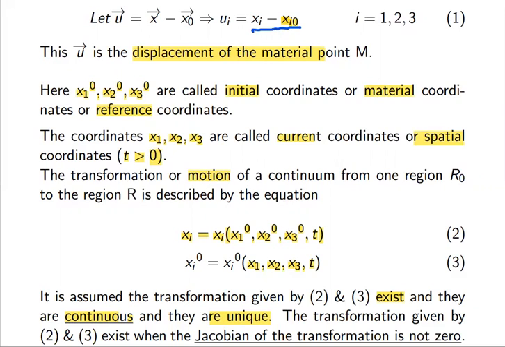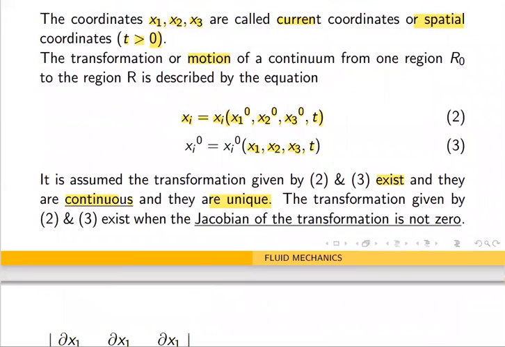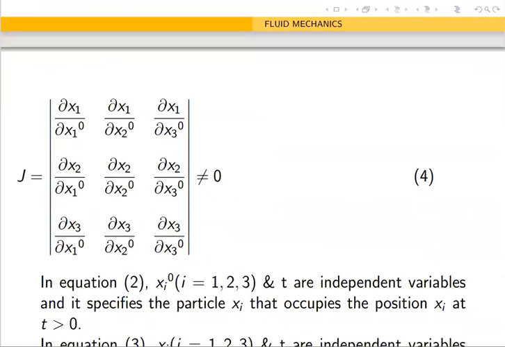So these two equations, the transformation exists only when the Jacobian of the transformation is not 0. What is the Jacobian? It is denoted by J. It is the determinant of ∂ξ/∂ξ⁰, and it is not equal to 0.